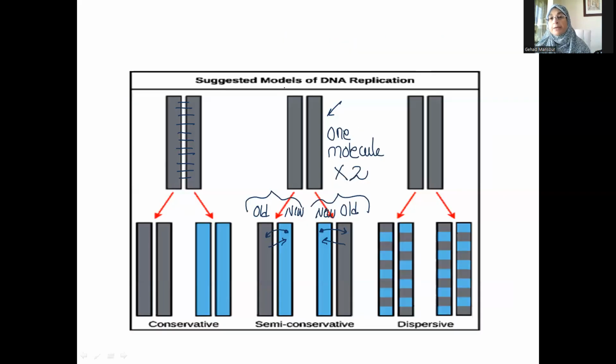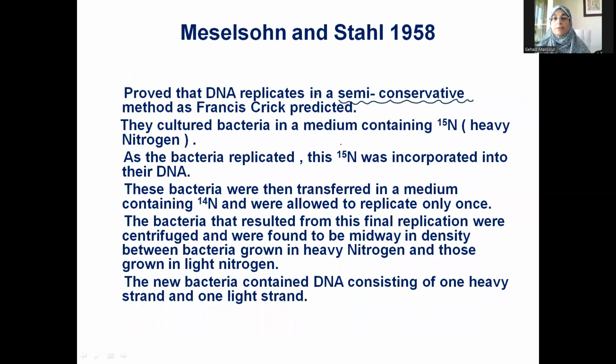The idea is based on what? The idea is based on culturing bacteria in a medium containing heavy nitrogen, nitrogen 15. For generations and generations, bacteria, of course, will take up this nitrogen 15 in order to make their own DNA.